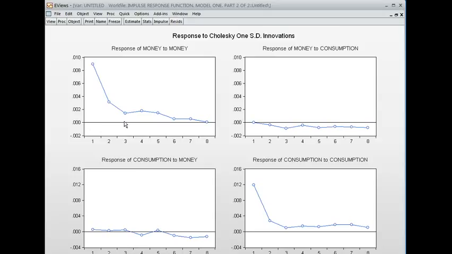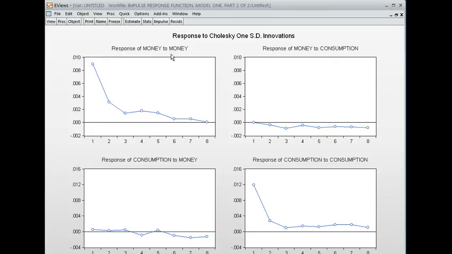Okay, so this line means 0. So when I go up, that is positive, and when I go below it, that is negative. And here I have chosen 8 months into the future. Here I am saying response of money to money.